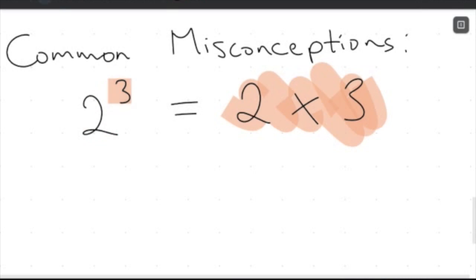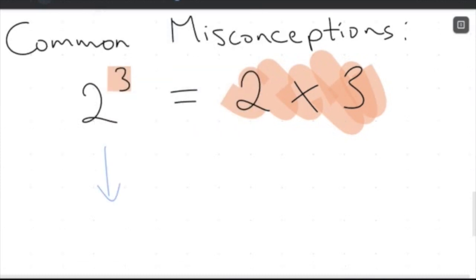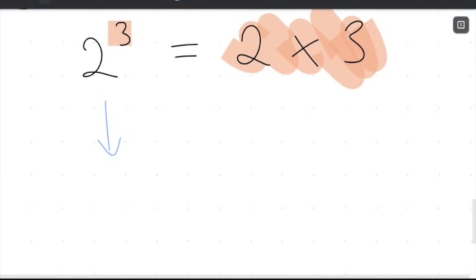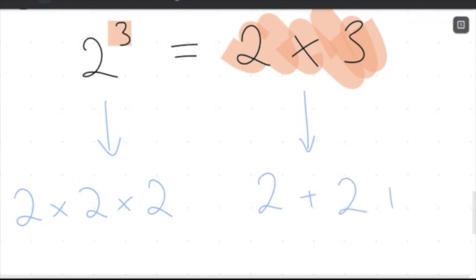So this first thing is an abbreviation for 2 times 2 times 2. And this thing here is saying I have 3 groups of 2, which is the same as 2 plus 2 plus 2.